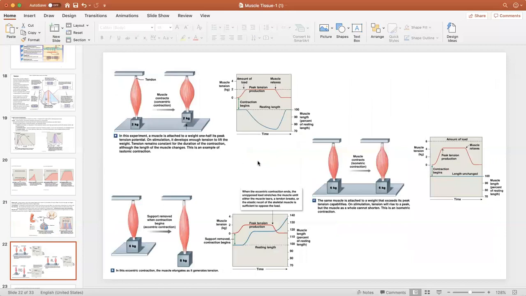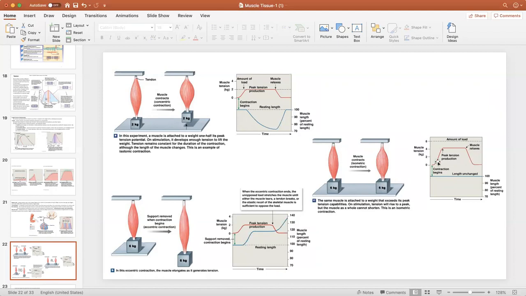Okay, let's talk about muscle contraction. There's a couple different types of contraction. There's one where we contract and move the load closer. This is called a concentric contraction. Okay, we have an isotonic concentric contraction. Isometric, the same length, is where we have contraction, but we don't have movement of the load.